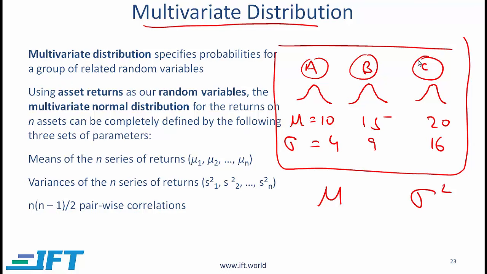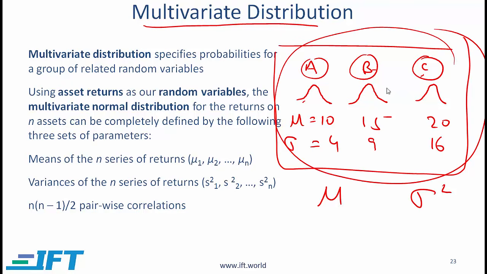And the fact that if each individual variable is normally distributed, then the overall portfolio's returns will also be normally distributed, and we can compute the mean or expected value for the portfolio as well as the variance for the portfolio, as long as we know all the means and we know all the variances or standard deviations, and we also need to know the pairwise correlations. So the correlation between A and B, B and C, and A and C.